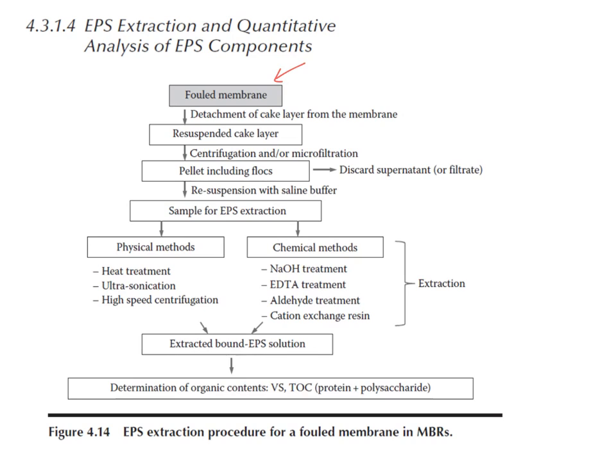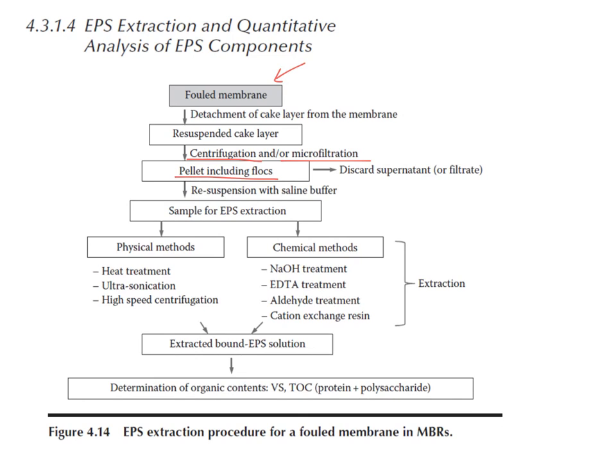Then by doing centrifugation and/or microfiltration, we can have this soluble part, and we have this pellet including flocs and resuspension. We do this resuspension with saline buffer, and then we can prepare the sample for EPS extraction.